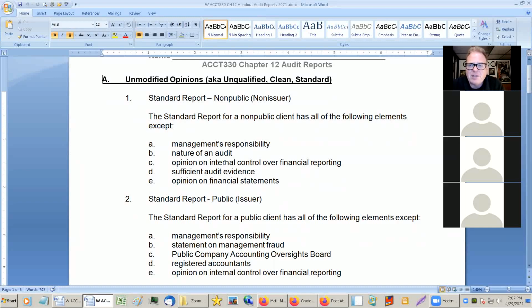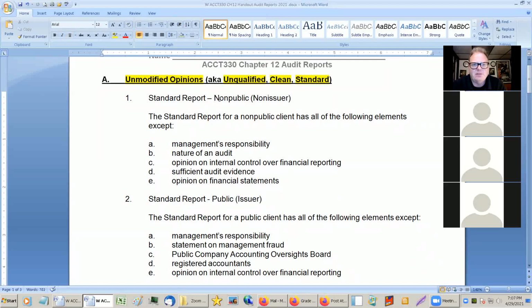But the standard report is what they call an unmodified report. This is somewhat new terminology, about 5 years old. Sometimes called unqualified, clean, or standard opinion, or standard report. So this is a normal report that most people get.